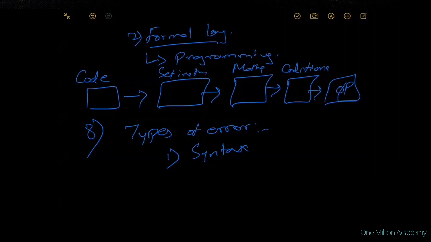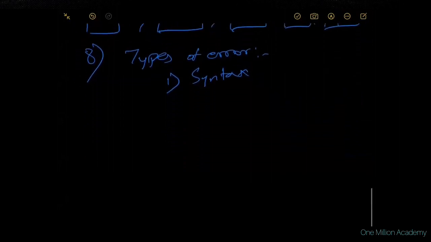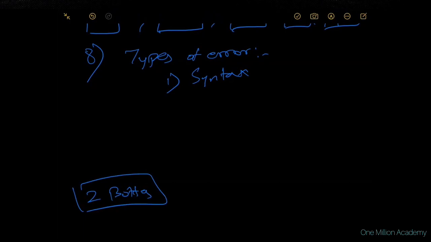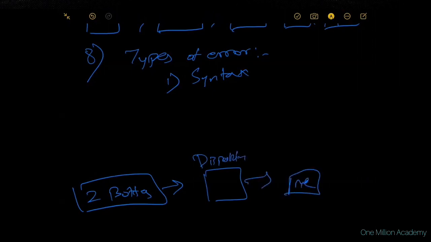Now, in syntax, if I say that I need two bottles, and I have designed a code that asks the person to enter two bottles, it says it has been dispatched and will be delivered to my address.